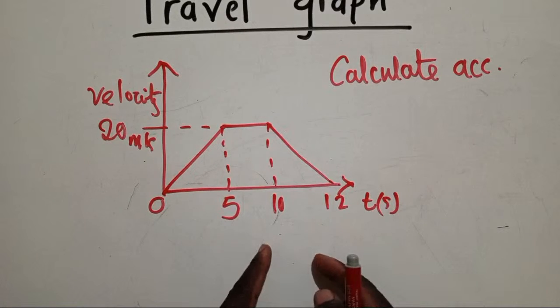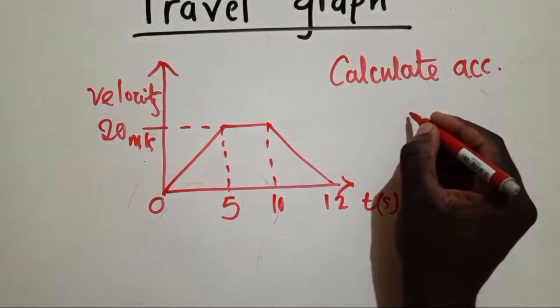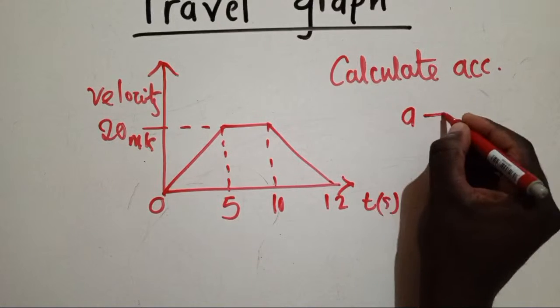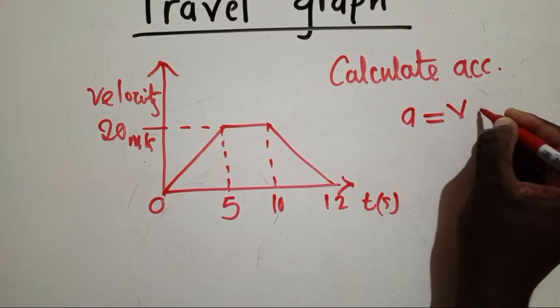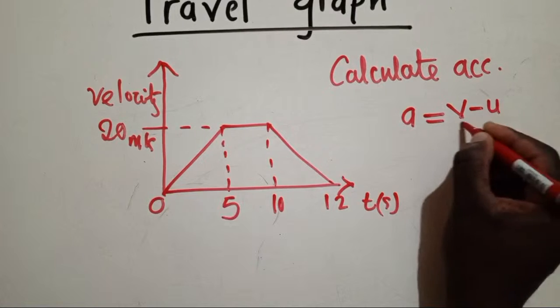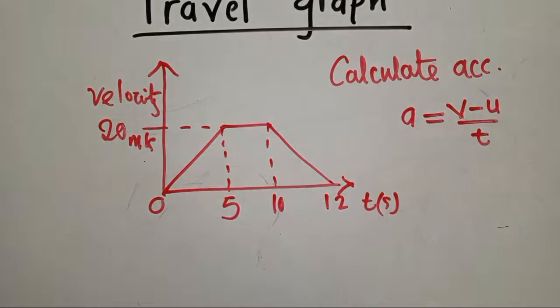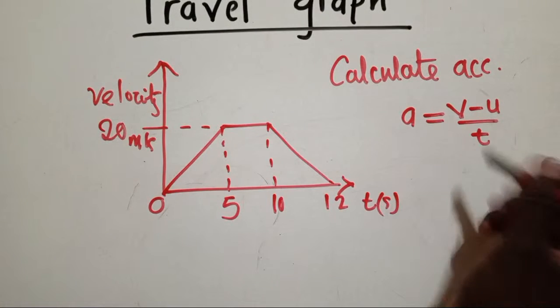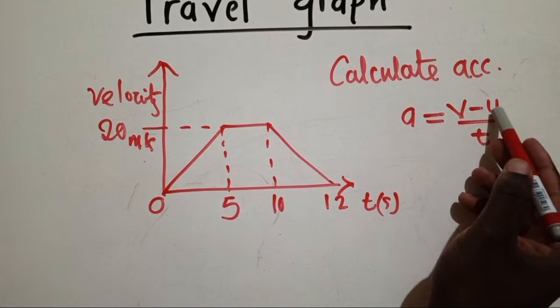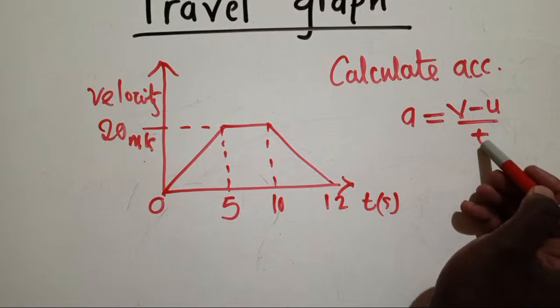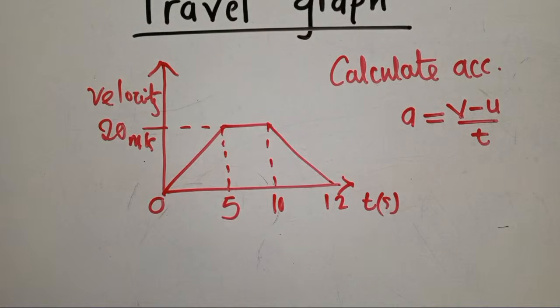All right, so for acceleration, you're going to use the first formula, which is acceleration is equal to final velocity minus initial velocity over time. Okay? v is final velocity, u is initial velocity, t is time, and a is the acceleration.